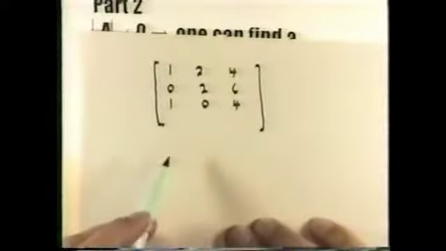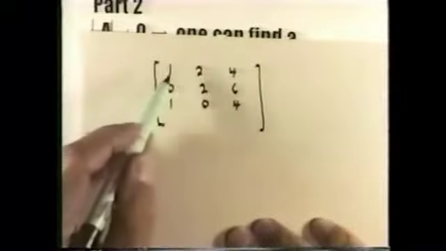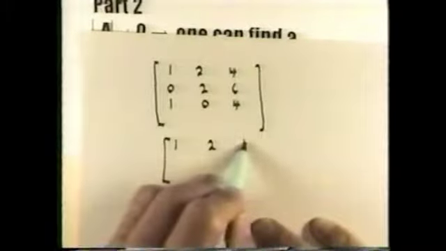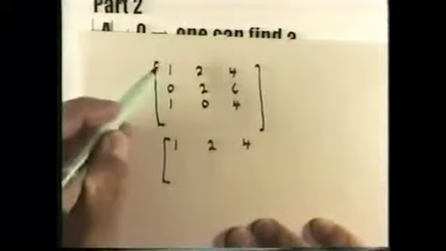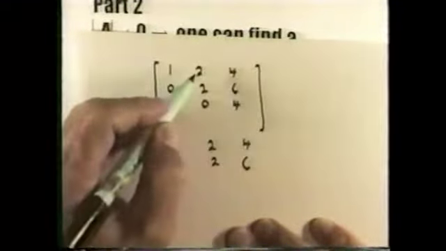We'll look at the 3 by 3. Well, to get it in row echelon form, what we need to do is have all zeros here. But what I would do is multiply the first row by negative 1, add to the third, so it would be 1, 2, 4, and 0, 2, 6, negative 1 times 1 is negative 1 plus 1 is 0.